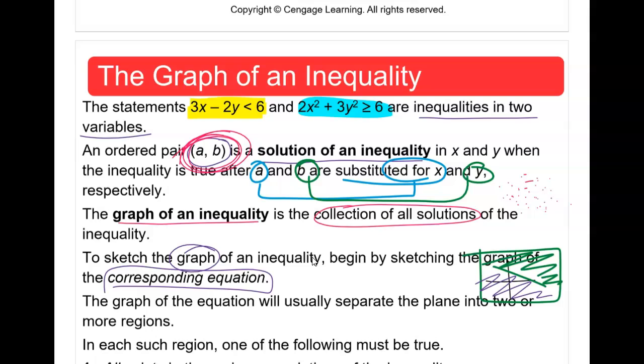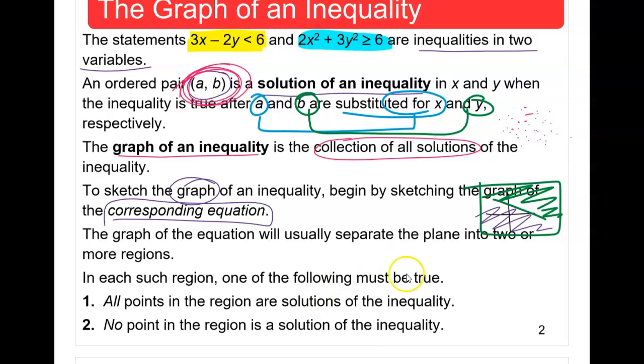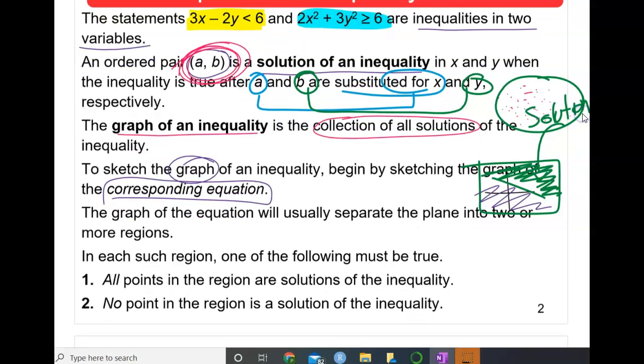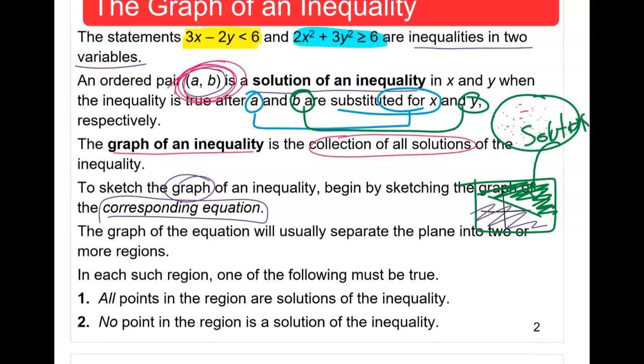This could be separated into more regions depending on the type of inequality. Also, in each region, one of the following must be true: all points in that region are solutions of the inequality, or no points in the region are solutions of the inequality. After we separate it, I want all my solutions to be here, the set of points I was talking about. The other area contains no solutions.